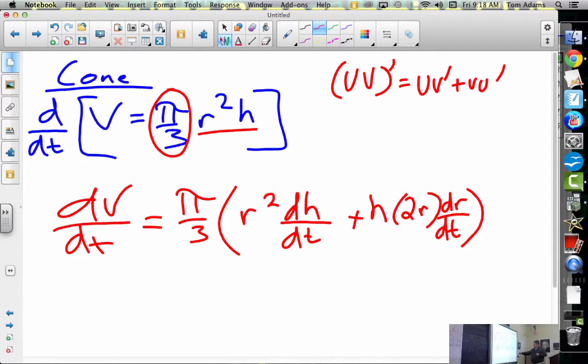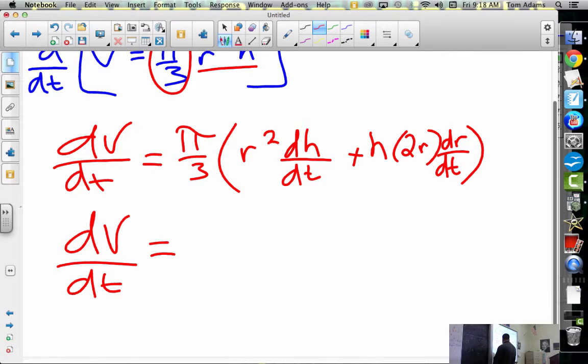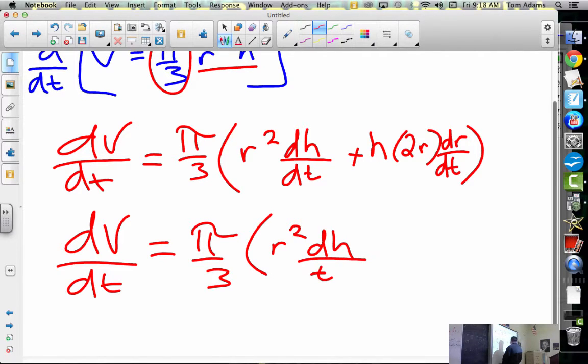And I suppose if you wanted to, you could clean it up a little bit. We would say that the change in volume with respect to time is equal to pi over 3 times r squared dh/dt plus 2hr dr/dt.